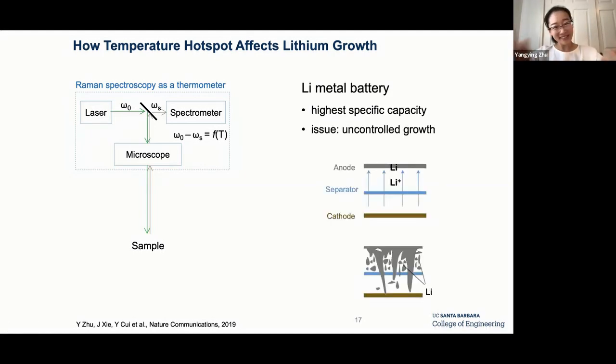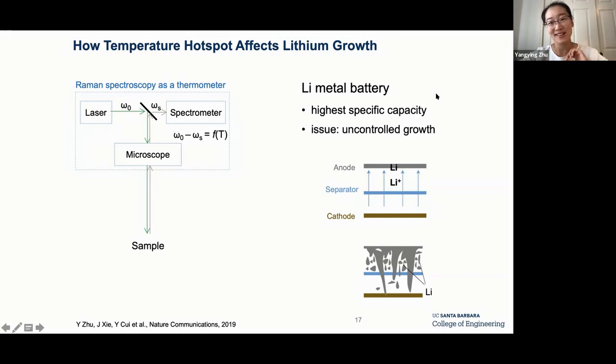And so what kind of system? We immediately think lithium metal battery would be an excellent model system to study, because lithium metal is considered the highest, lithium anode really has the highest specific capacity. So this will be really attractive, much higher than the current lithium-ion batteries.